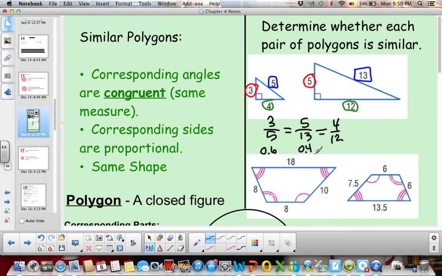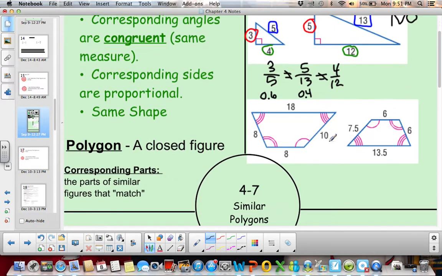And right away there, I know that since at least 2 aren't equal, and I know 4/12 simplifies to 1/3, which we know is 0.333, we know that they are not proportional. So this one is not similar because our ratios are not proportional.